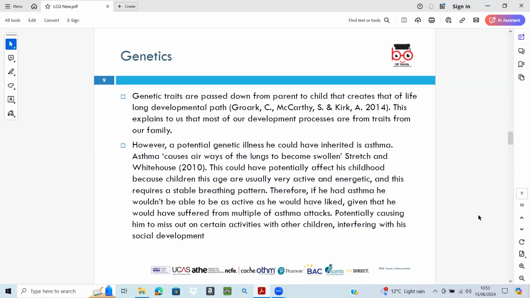For example, potential genetic illness. If we consider asthma, a common genetic condition characterized by swollen airways in the lung, if an individual inherits a predisposition to asthma from their family, it can impact their developmental journey.